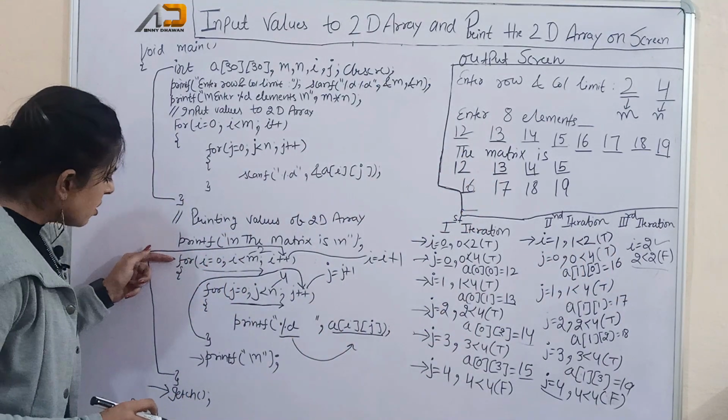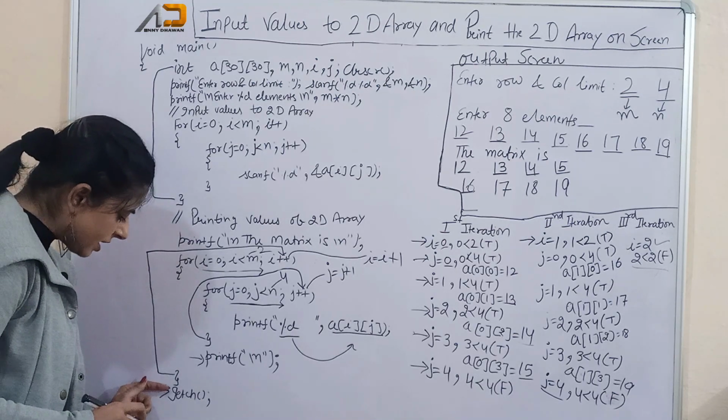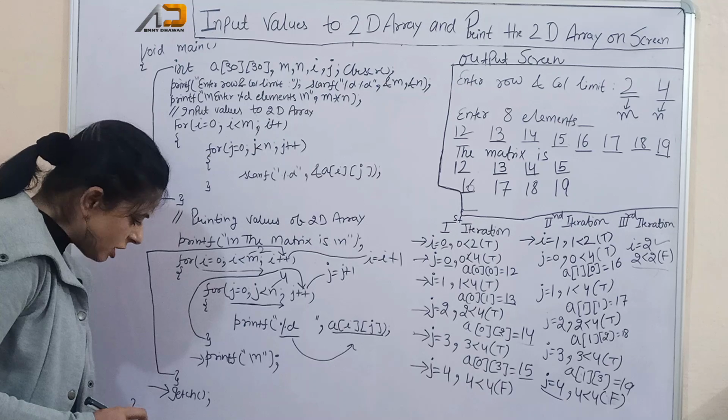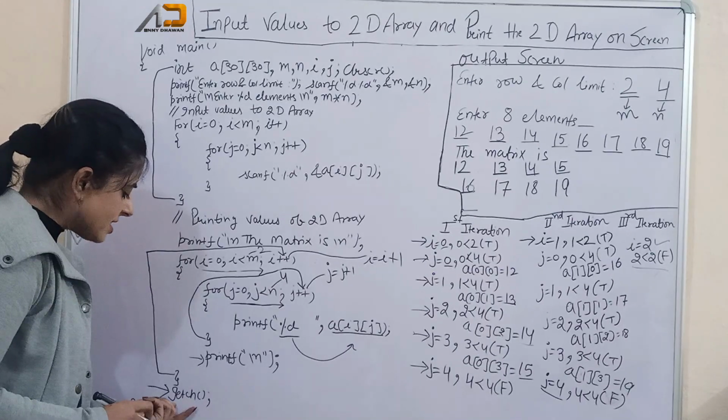Now the control moves out of this for loop and starts executing the statements in the sequence. And what is the next statement here now? It's a getch function.